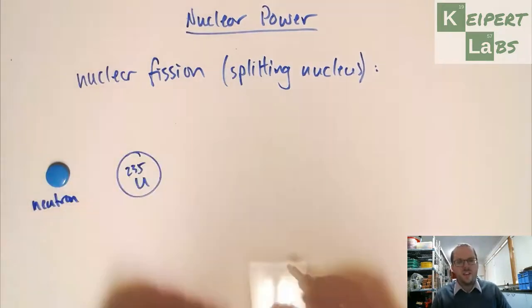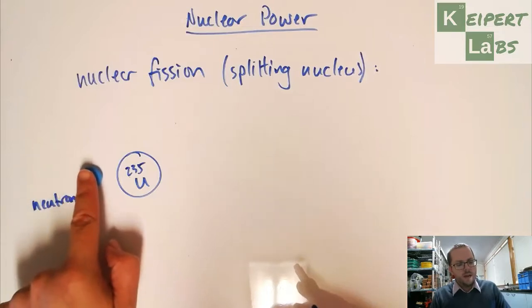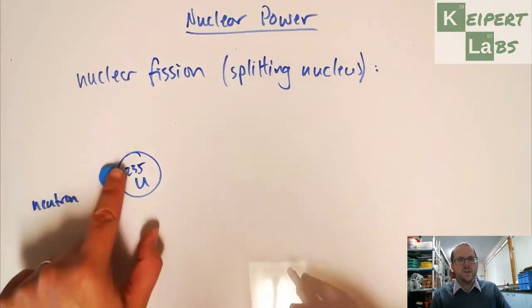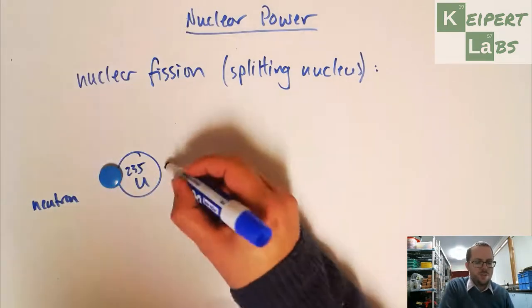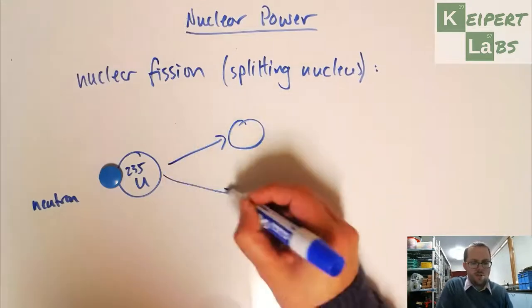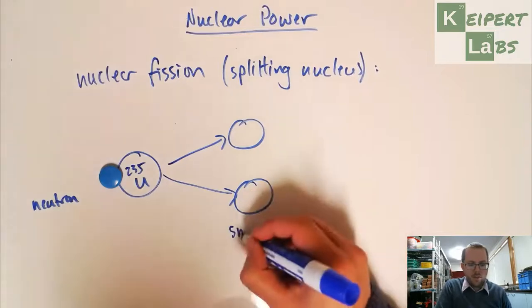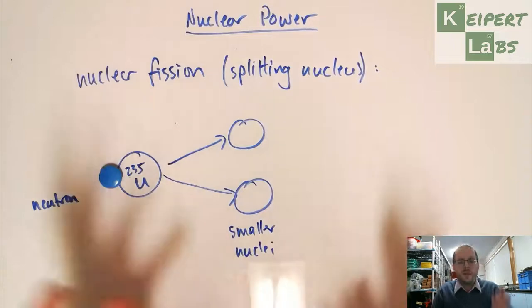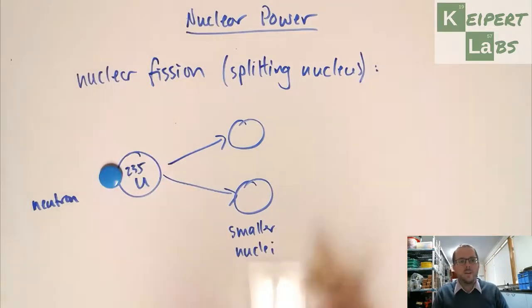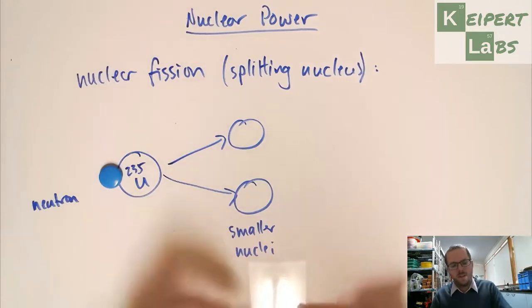What happens to the nucleus of uranium-235 is if a neutron comes along and impacts this nucleus, which is already naturally very unstable, it causes it to split into two smaller nuclei. Okay, depending on exactly how that comes about, there's a range of different elements that could end up being formed. So splitting into these sorts of ones.